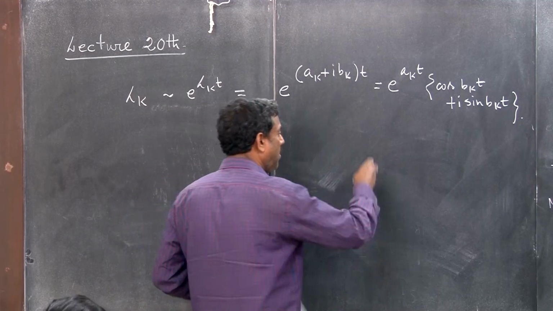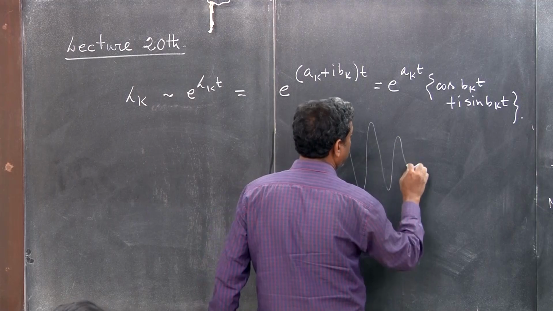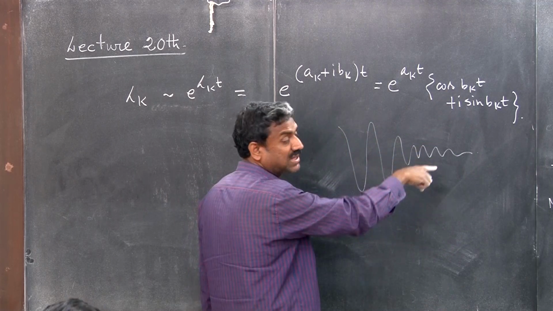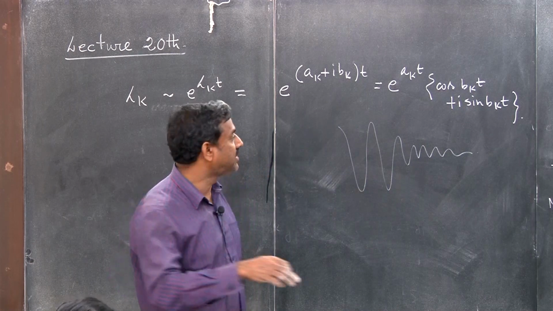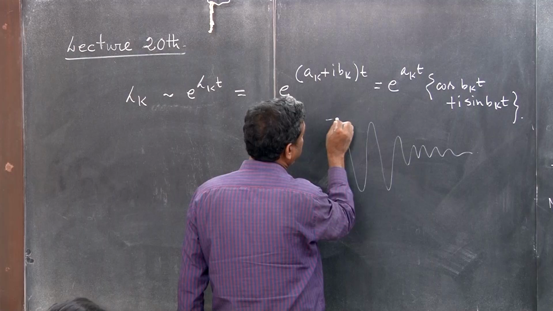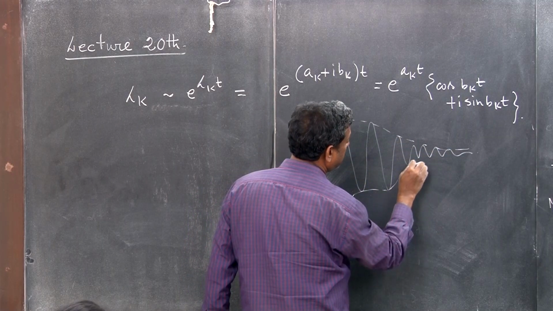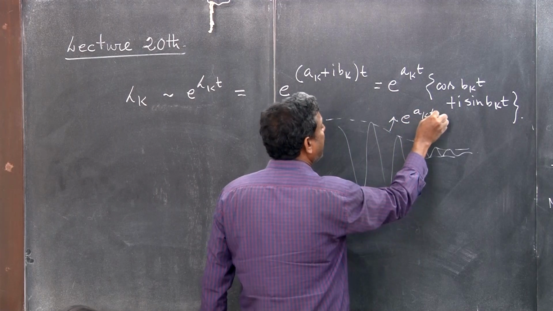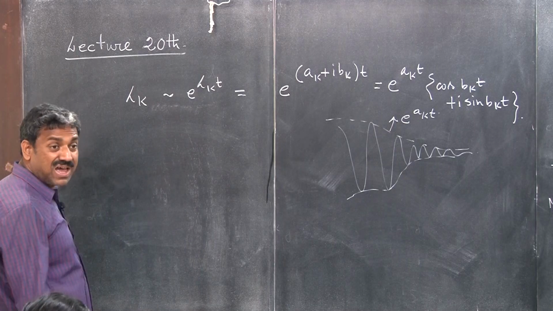So what really is happening is that sine and cosine are basically dictating the fluctuations, the periodicity of the solution, whereas this is basically the decay function, right? You understand that? This is e to the power a k t. So what I understand is that one part is associated with damping, whereas the other is associated with the frequency.